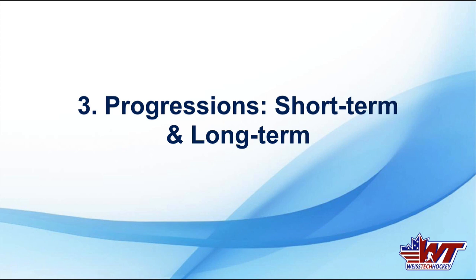We want to be able to do a regroup in the neutral zone so we don't have to just slap the puck in. And we want to have, I probably should have said this earlier, a good defensive zone coverage setup. Just one. If we can get that accomplished by the end of the season, we will have achieved our objectives. Okay, so that's your season goal. That's your season objective.